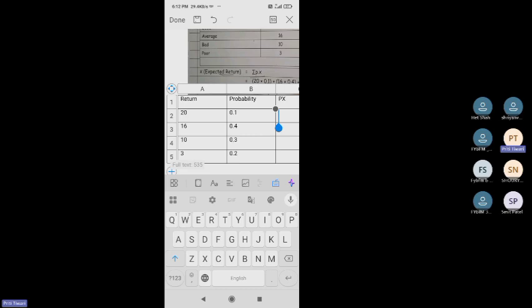The probability is 0.1, 0.4, 0.3, and 0.2. P into X is to calculate your average return.